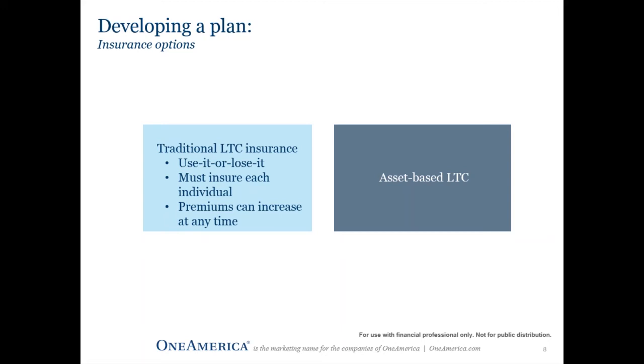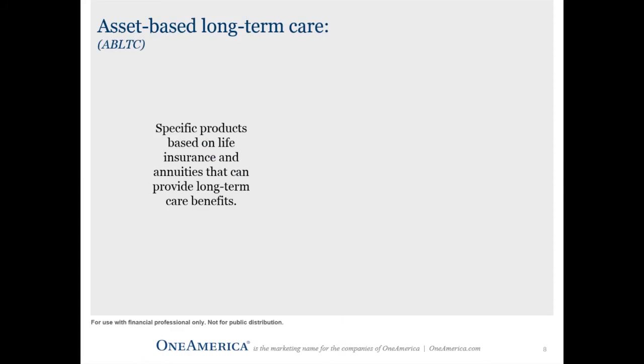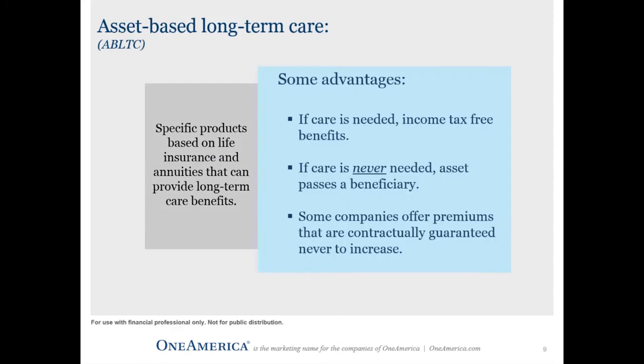Now, let's take a quick look at asset-based long-term care. Asset-based LTC, like the products we'll discuss in just a moment, whether it's a life insurance approach or an annuity-based approach, has, in my mind, three known and positive outcomes. And by the way, that's another powerful piece of language to use with your clients.